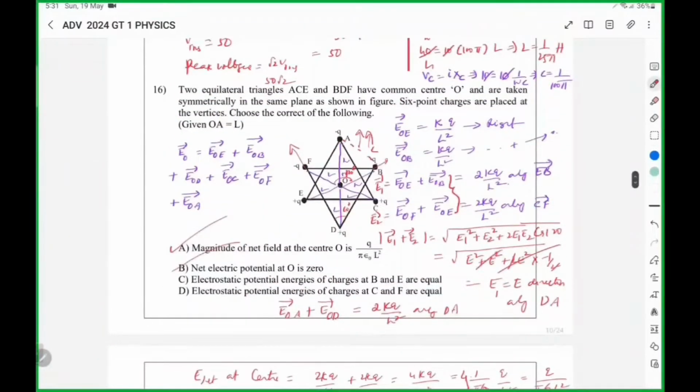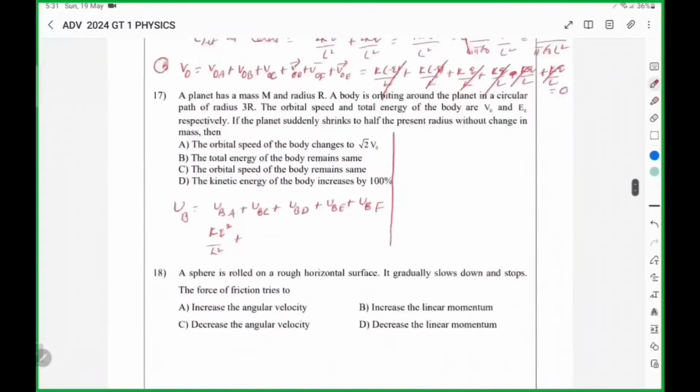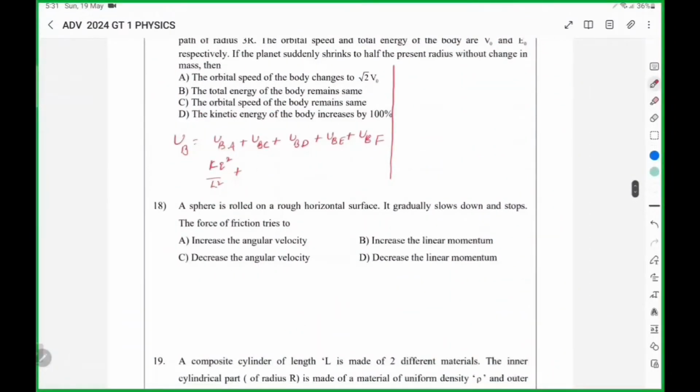Potential energy at B due to the charge present at C. Here plus Q, so minus Q plus Q, that is also KQ square by L square.